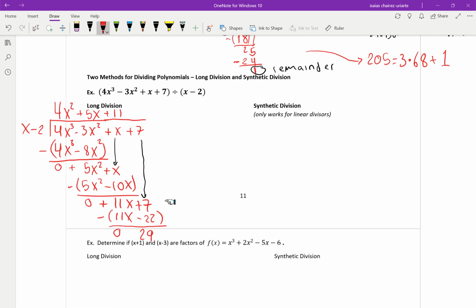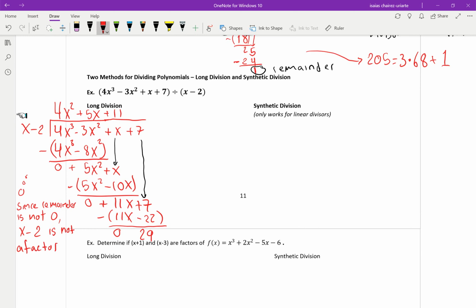Alright, so some conclusions that we can draw here are the following: since the remainder is not 0, that means that x minus 2 is not a factor.